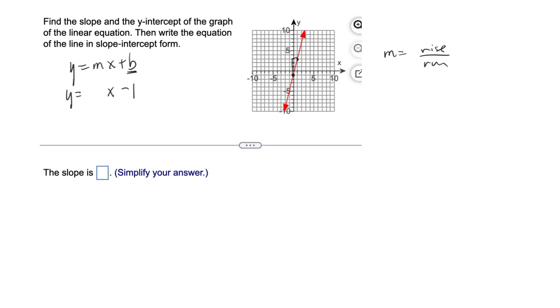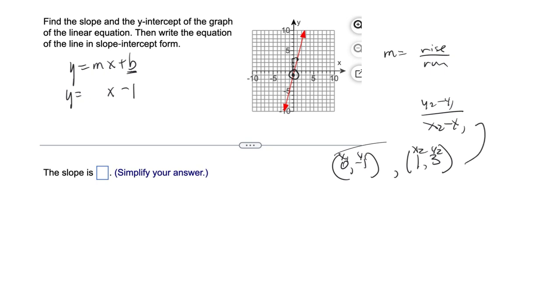And you could also do that y2 minus y1 over x2 minus x1. You can do that with those points. So the point is 0 and -1 is one point, and the other point is 1 and 3, I think. So you can use these as an x1, y1, x2, y2, and plug into this formula.